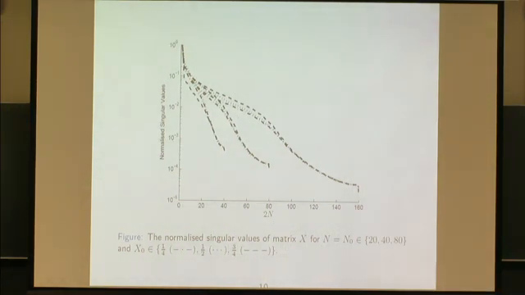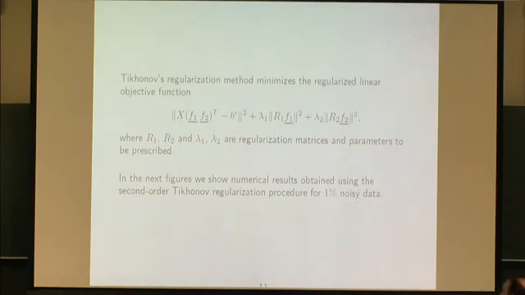This is how fast the singular values decay to 0, and these are various mesh sizes, but you can see towards the end they decay to about 10 to the minus 4. So one way would be to truncate it, maybe there. But we could use the classical Tikhonov regularization method as written here. You have the residual and then some additional penalty terms.